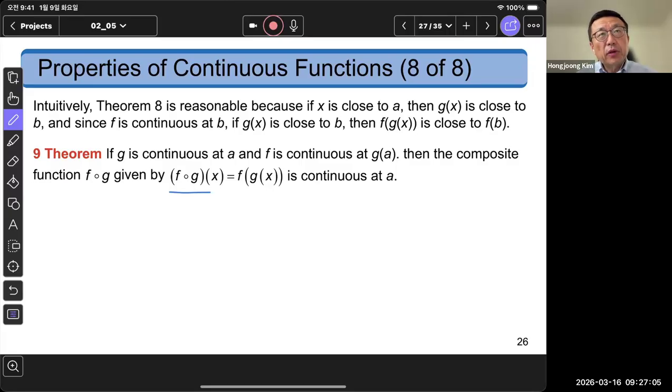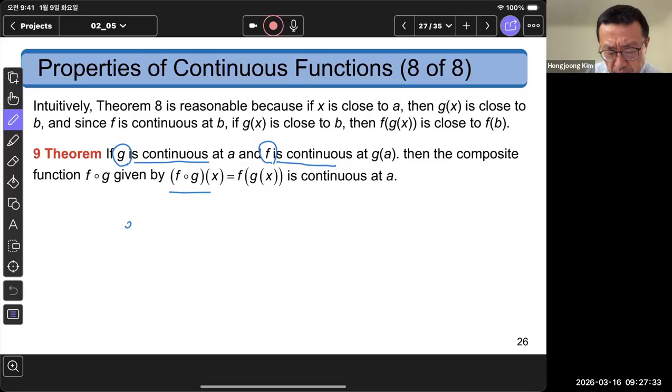So in this Theorem 9, I need two assumptions: both functions f and g are continuous. Now g is continuous at a and f is continuous at g of a, then this composite will also be continuous.